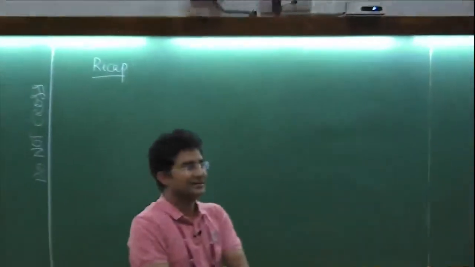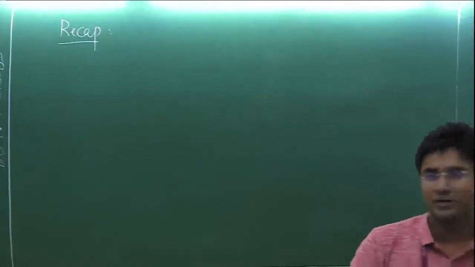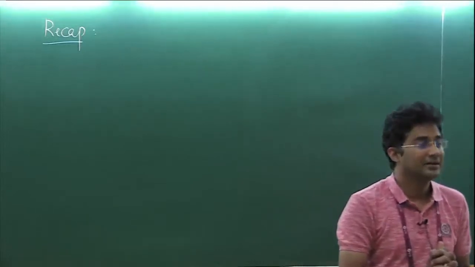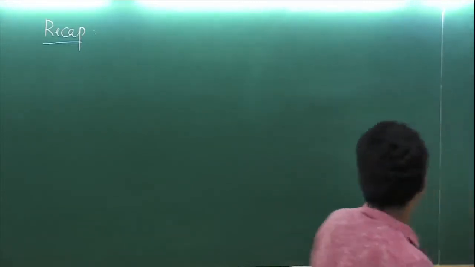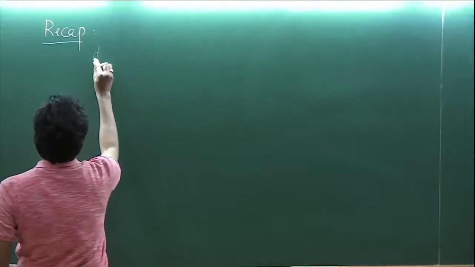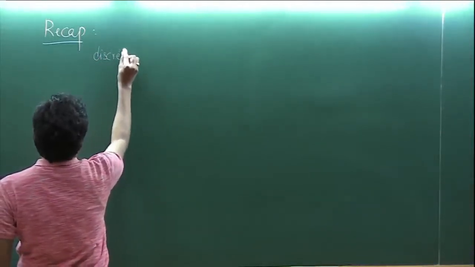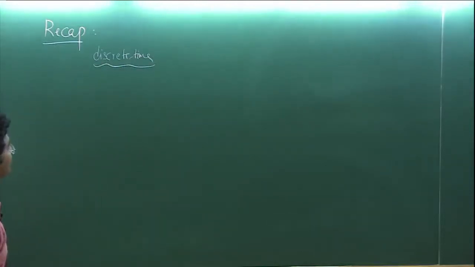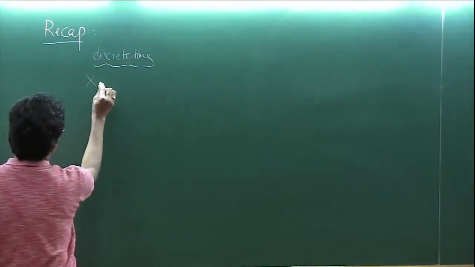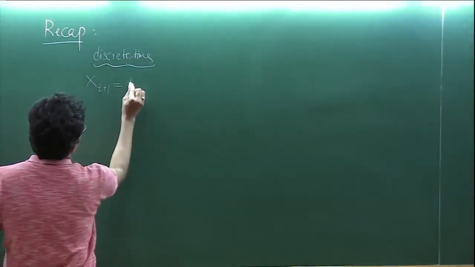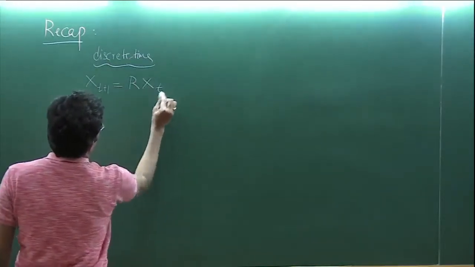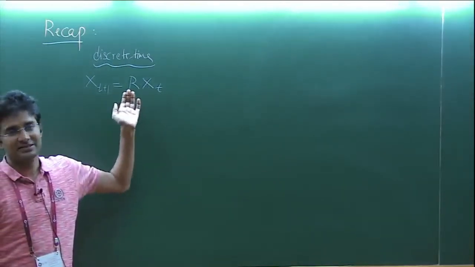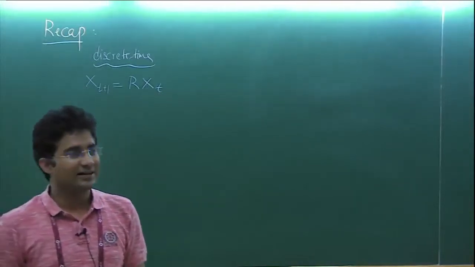We are interested in deriving mathematical models of populations, how they grow, how they change over time. And we have learned to do that in two types of settings. One is discrete time. The general strategy for modeling is that you write the next generation as the current population multiplied by a factor r.